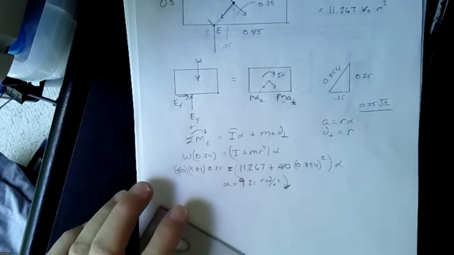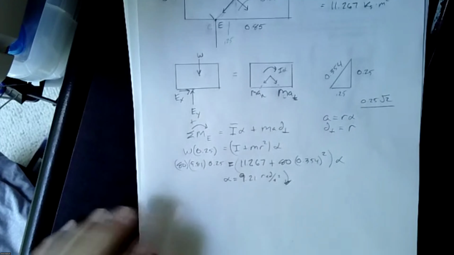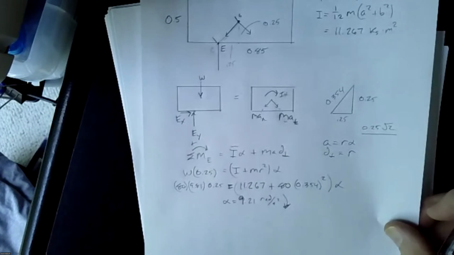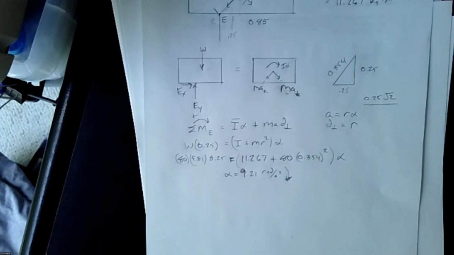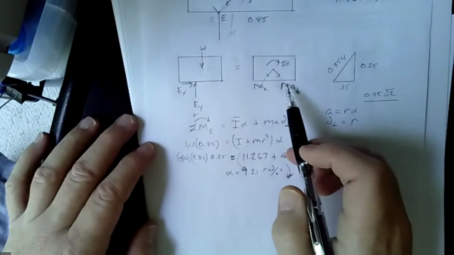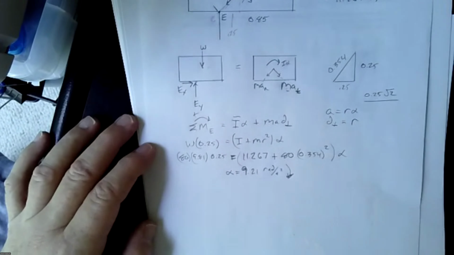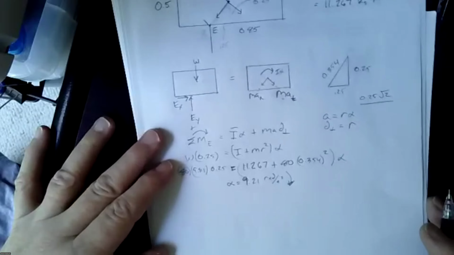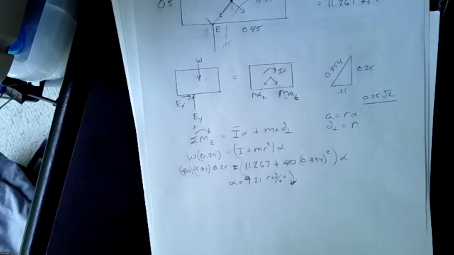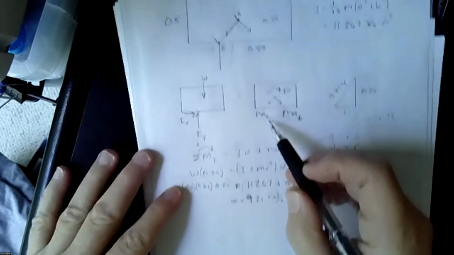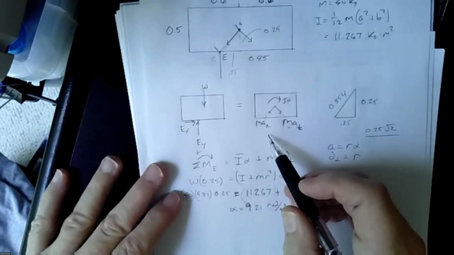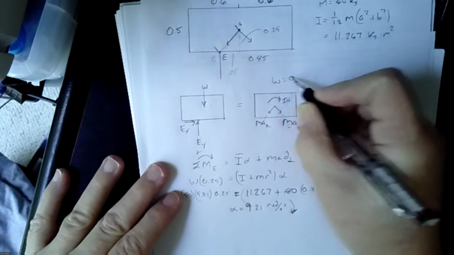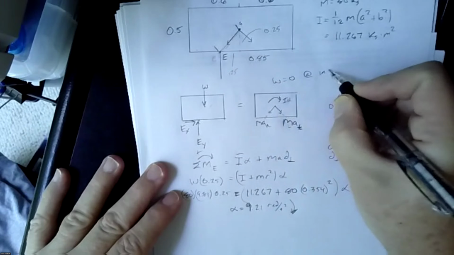Okay. So now we have to look at what the acceleration in these directions tells us. Now, one thing we know is that the acceleration normal is zero. As I said before, omega equals zero at that instant, right?